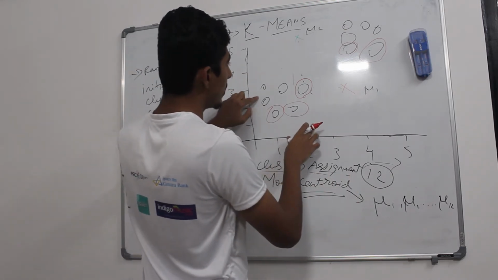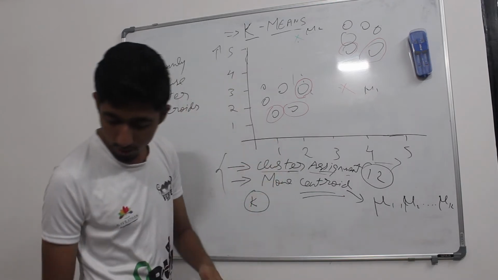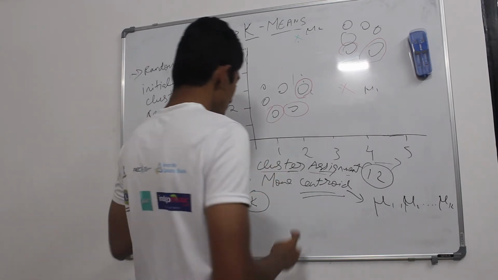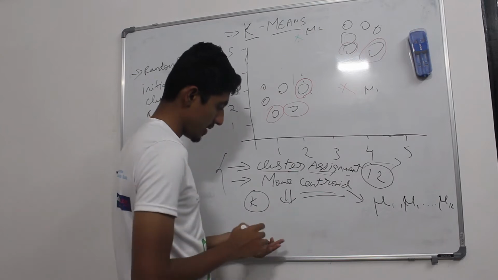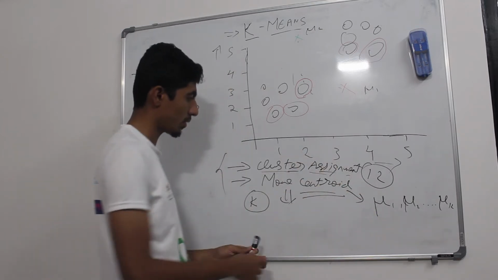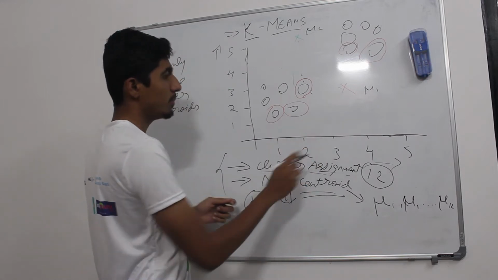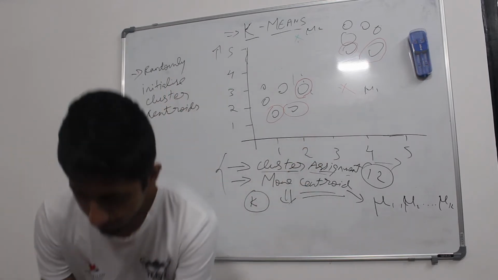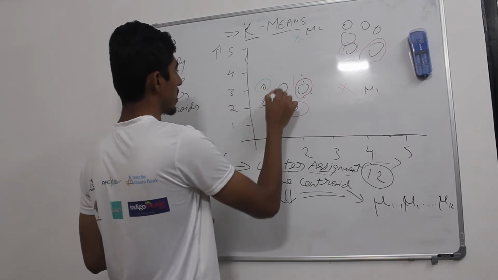As soon as we are done with the cluster assignment step, we move to the move centroid step. There's some math that I have to write down, so let me erase this part real quick. We're done with the cluster assignment step, and we obviously have to mark this as well.